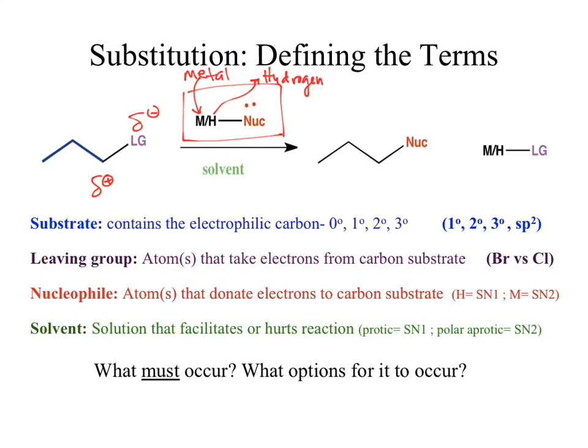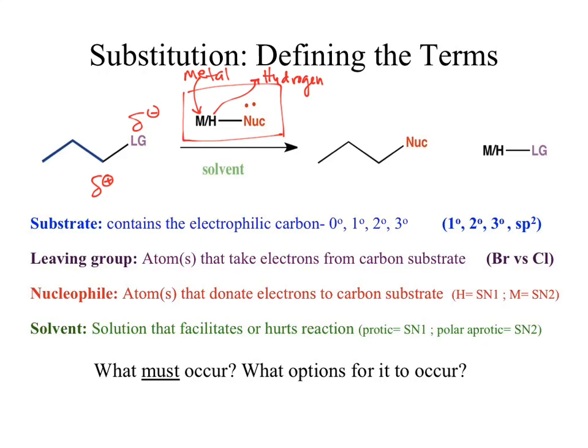What happens to the nucleophile if we had a metal bound to it? What's the electronegativity of most metals, high or low? Low, which means they're giving up their electrons. What happens to the nucleophile if it's bound to a metal?